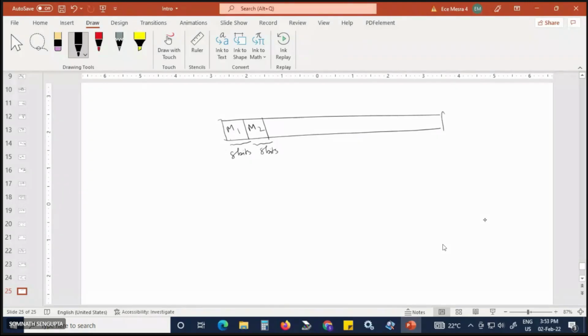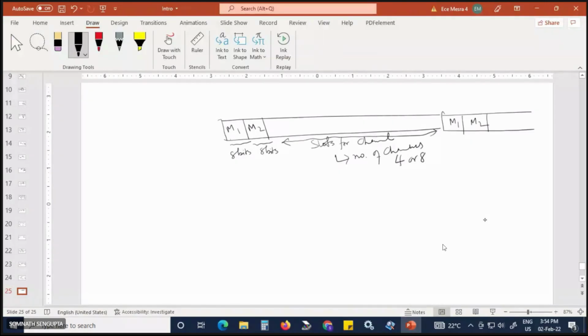Then there are some slots for channels, and another frame starts with M1 and M2. The number of channels may be 4 or 8, whatever it is.